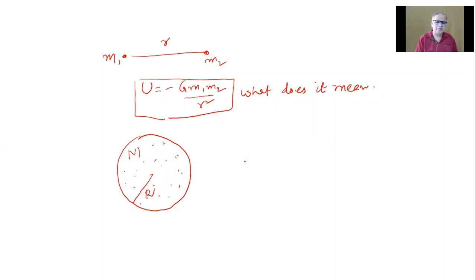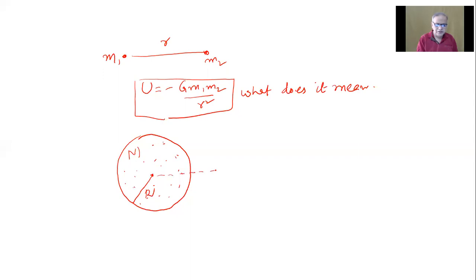What do you mean by for all external points? To consider the force on a body at an external point, we can treat this as a point mass at the center. That was what previously we thought.